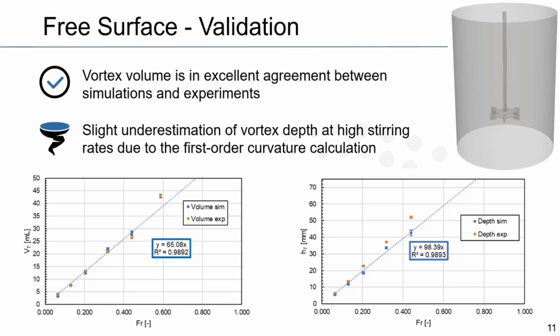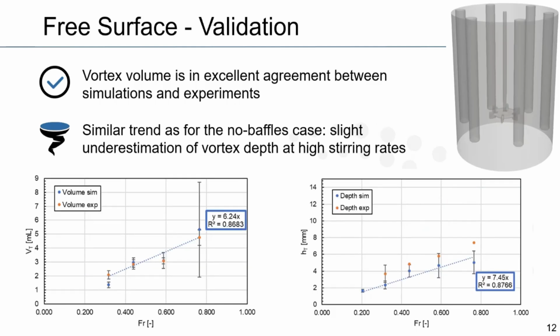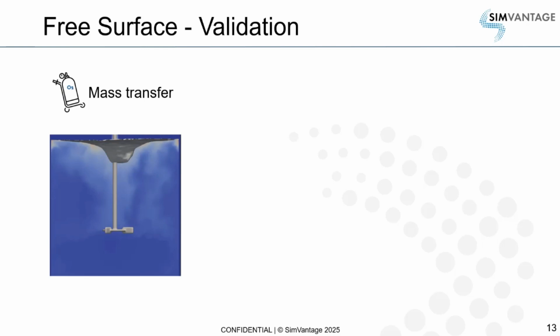You have a very good agreement in an unbaffled case, and also in a baffled case here, where cylindrical baffles were used, and you see here that you have also a very good agreement between those two methods.